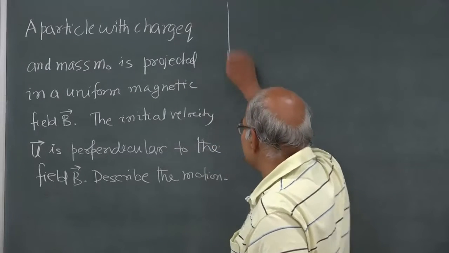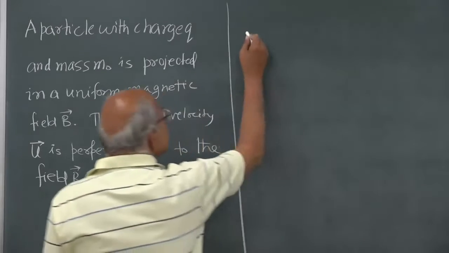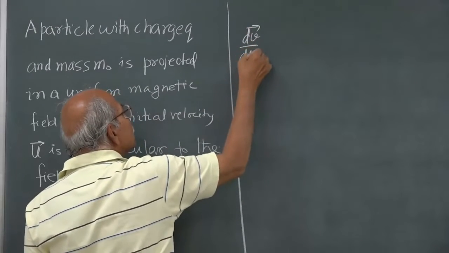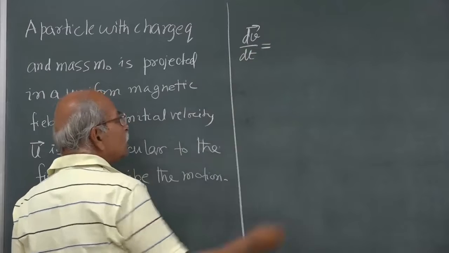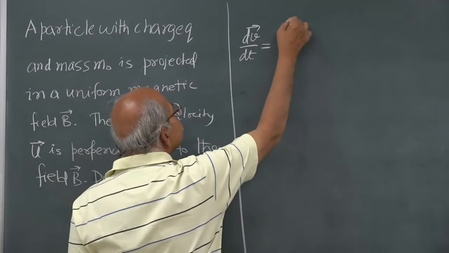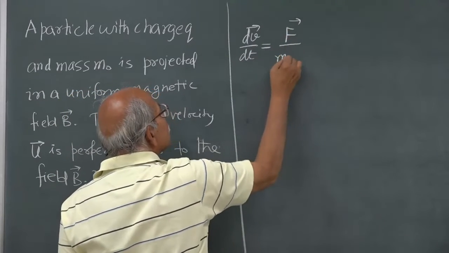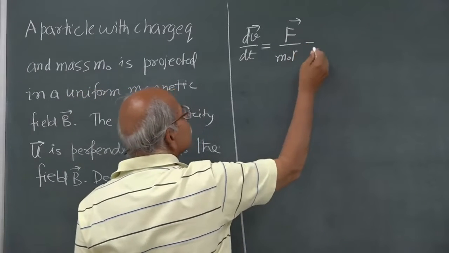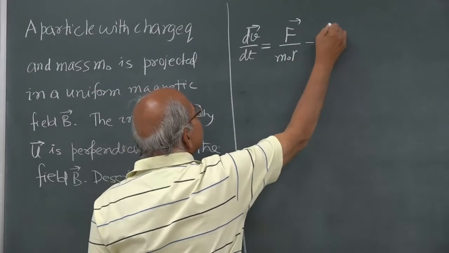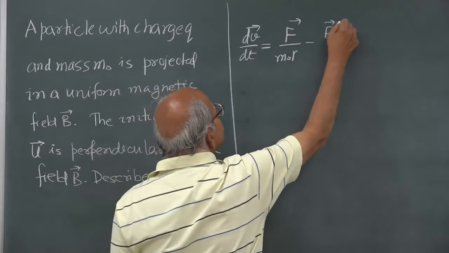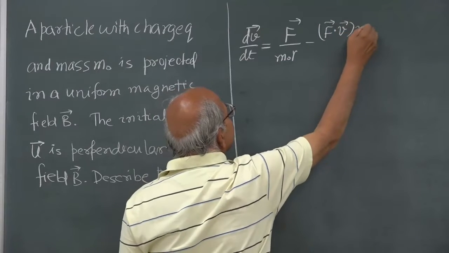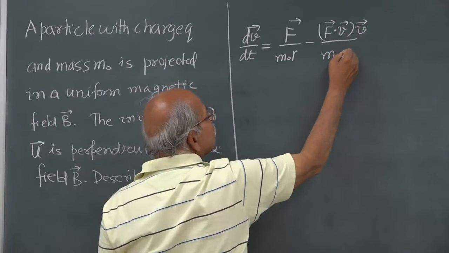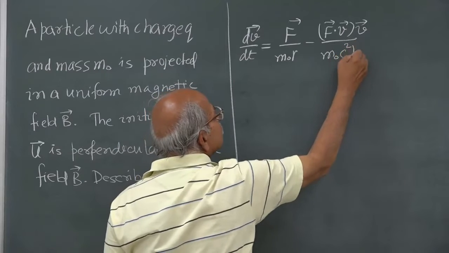Now, our equation was dv dt equal to f divided by m naught gamma, minus f dot v times v, divided by m naught c square gamma.